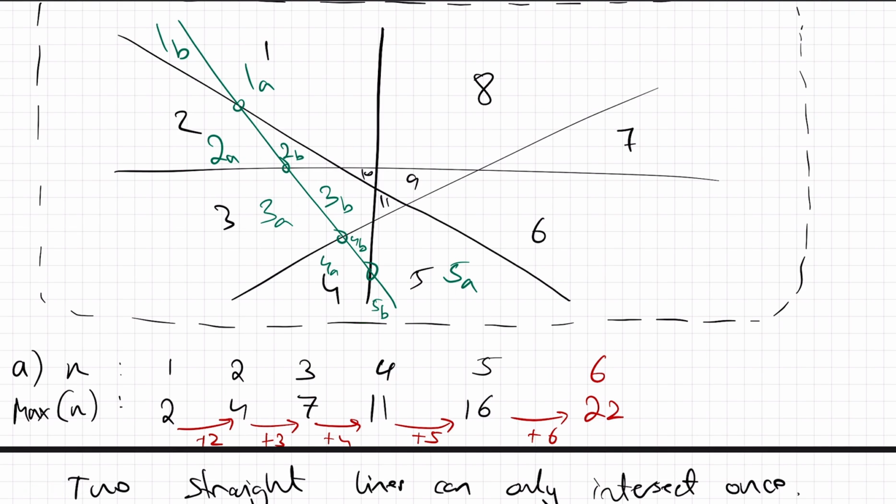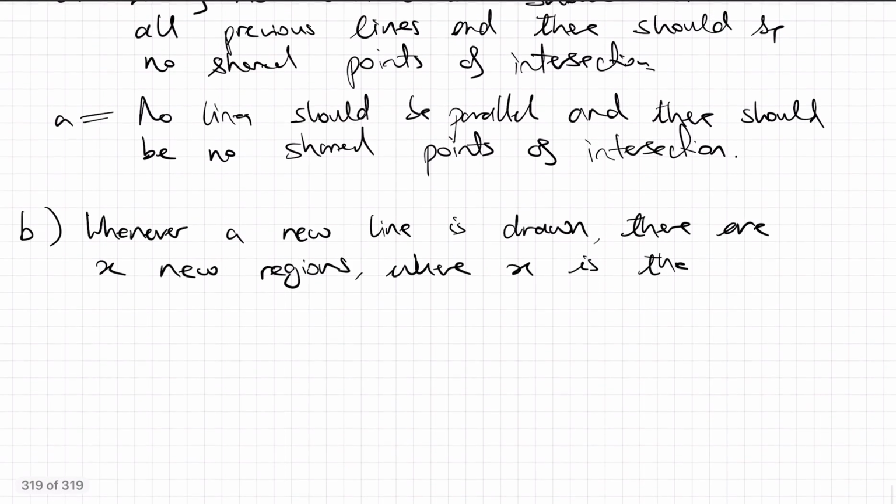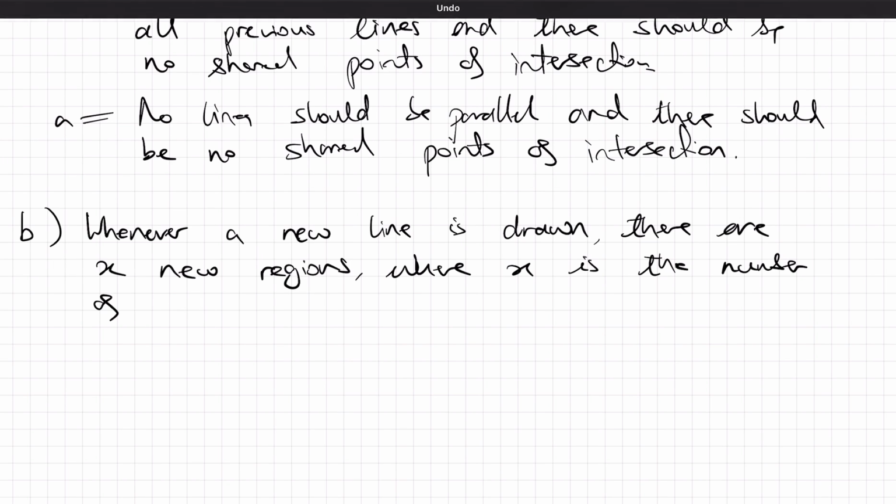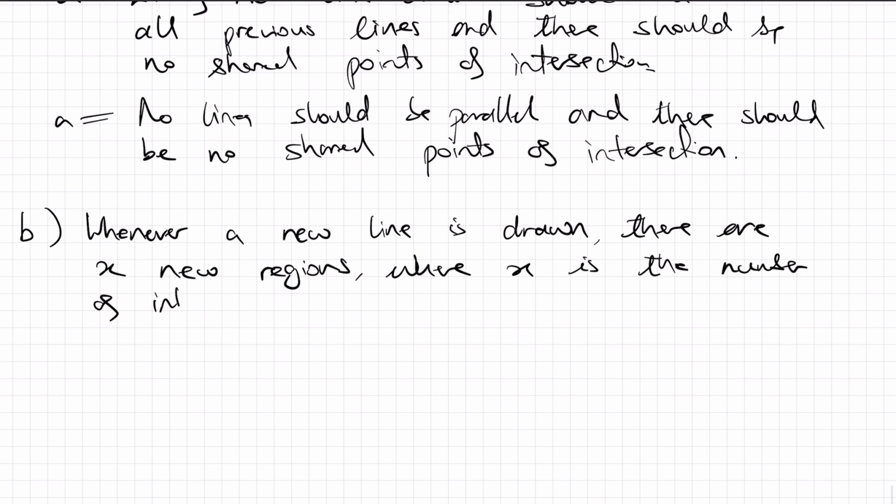So here there are 4 intersection points, so therefore we've generated 4 new regions. And that's not including the regions which were here before. Essentially, the regions that were here before, we're just splitting them in 2. Is the number of regions, sorry, not regions, intersection points.